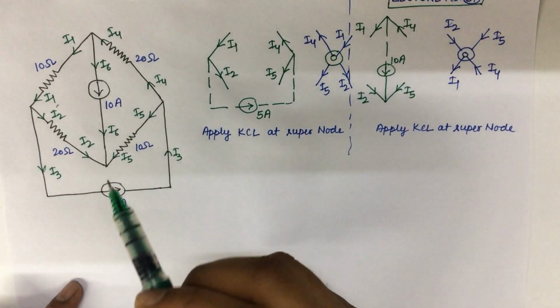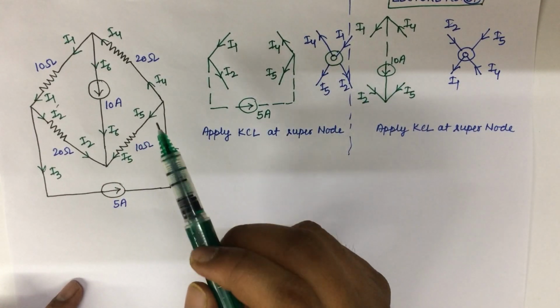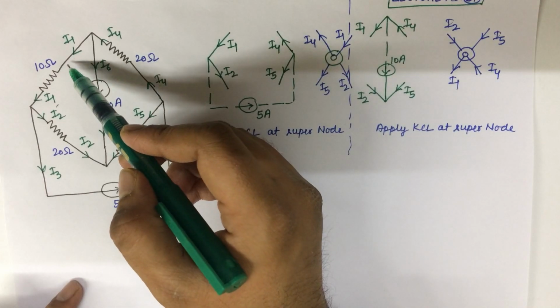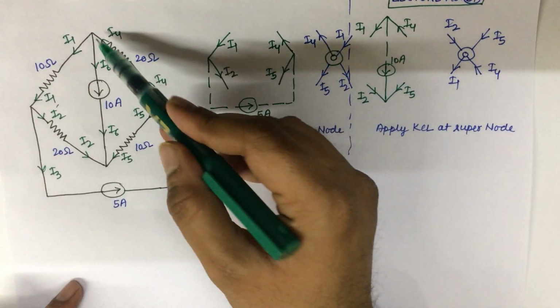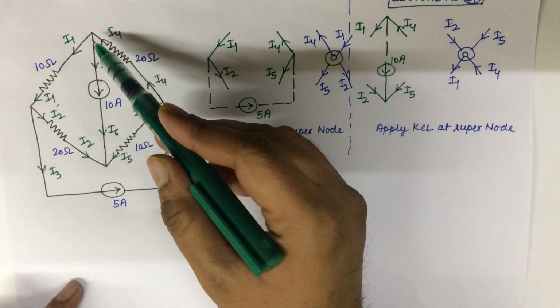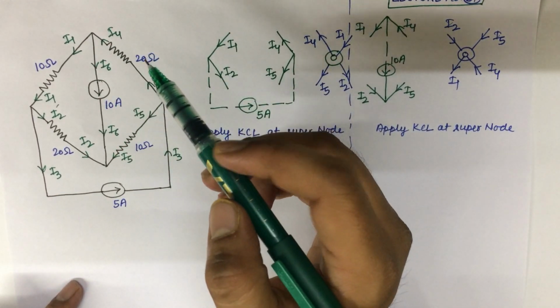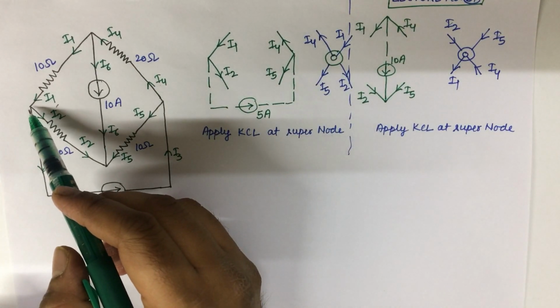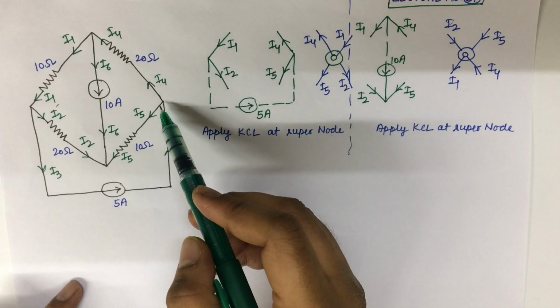Let us first assume the current distribution in every branch. Let us say this is I1, this is I2, this is I3, this is I4, this is I5, and this is I6.